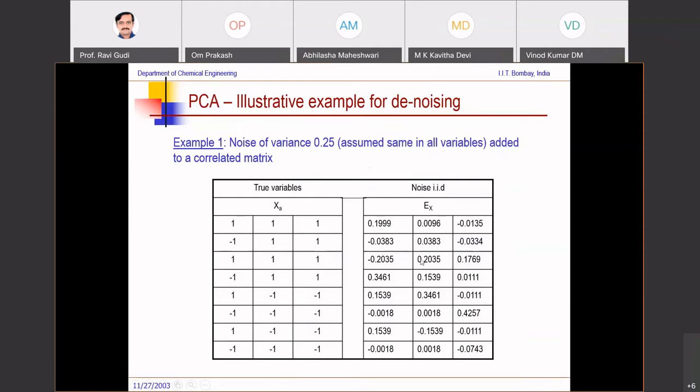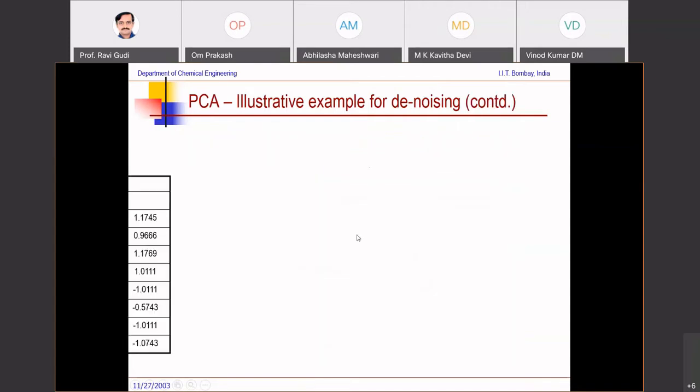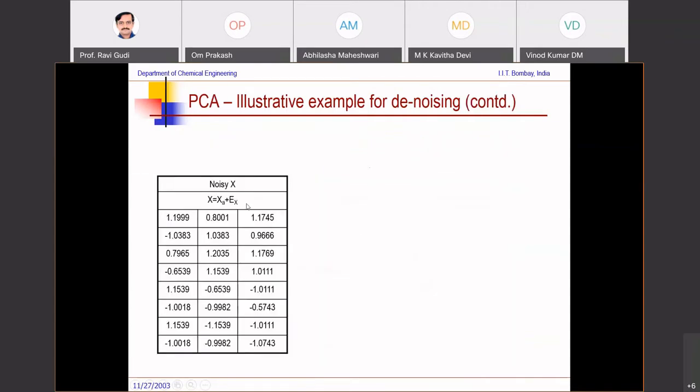So this is a simulation that I'm doing. When I add Ex to X, this is the noise that I add. Let me make an assumption that the noise has variance 0.25, added to the correlated matrix. So the variance of this noise is 0.25. When I add this, I essentially get a noisy X.